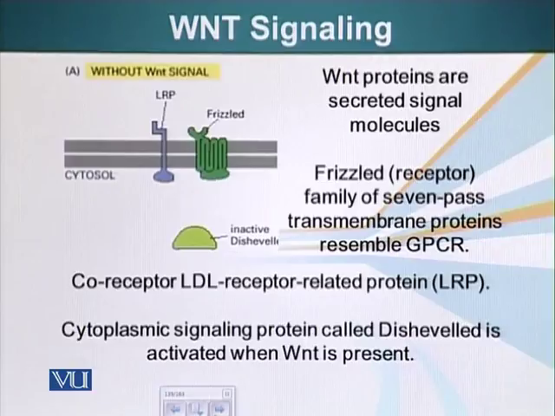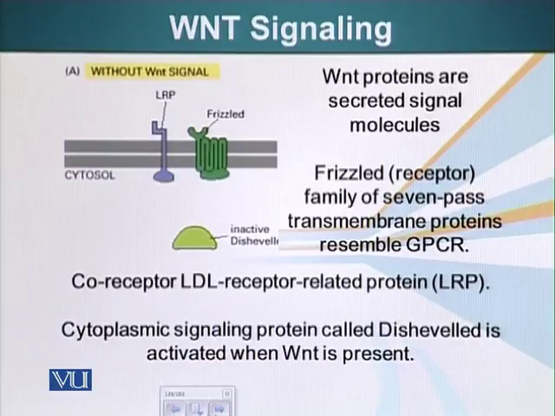The Wnt molecule is a signaling molecule. It is secreted and it binds its receptor. The receptor for this molecule also has 7 transmembrane segments and resembles the G protein coupled receptors that we have talked about. There is a co-receptor in this case, and this co-receptor is the LDL receptor related protein, or LRP.